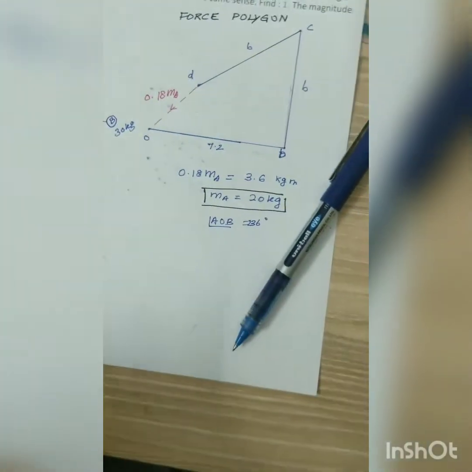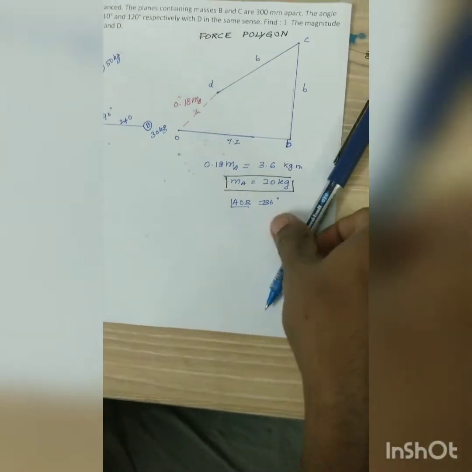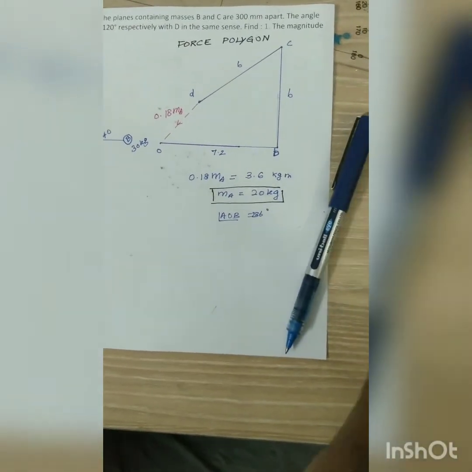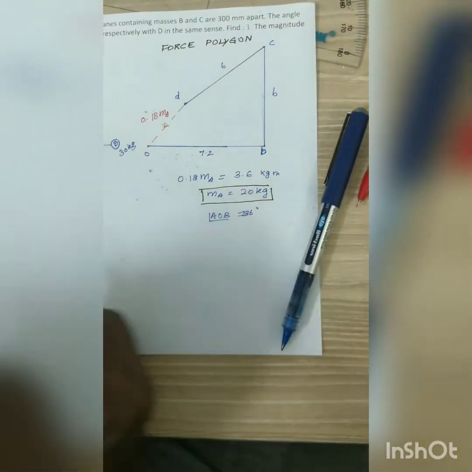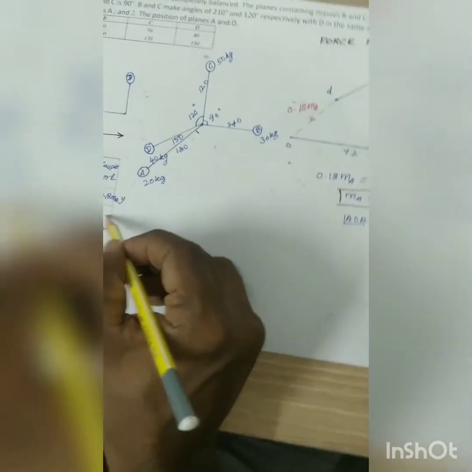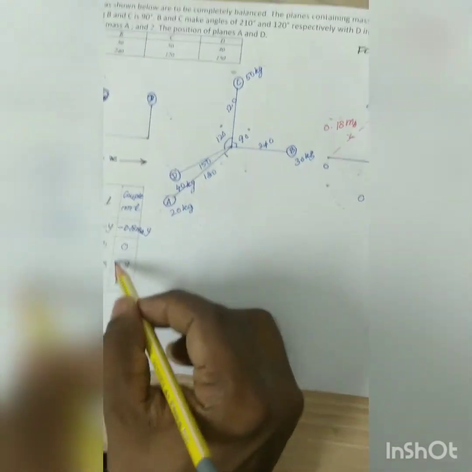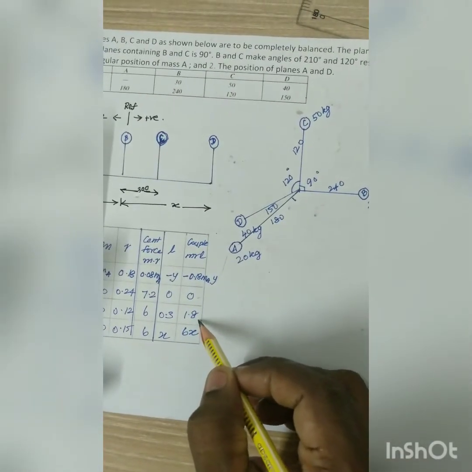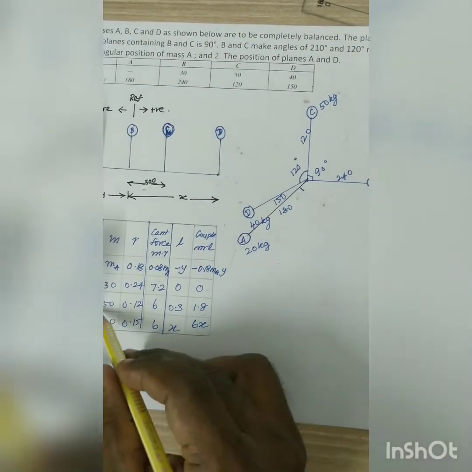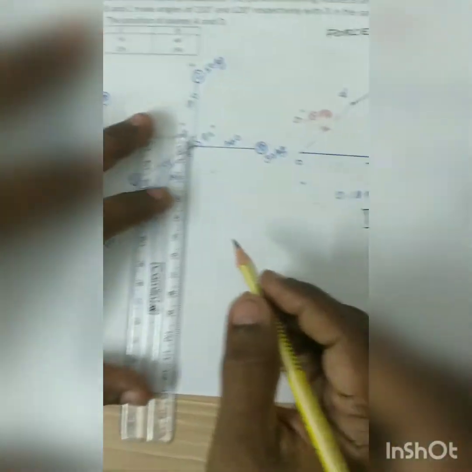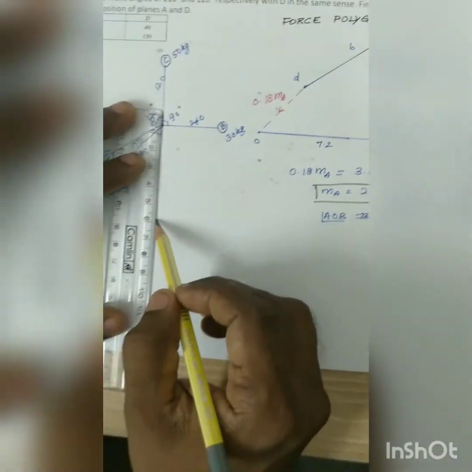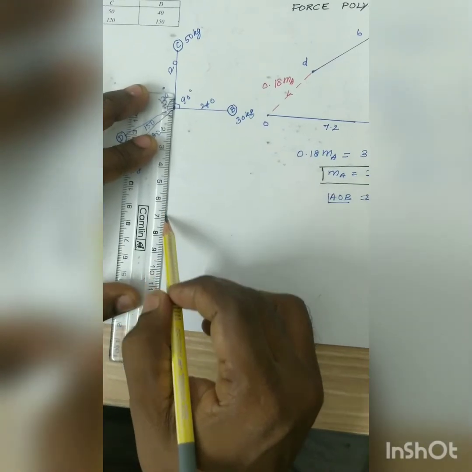Now we can draw the couple polygon. For drawing the couple polygon, we know the known things. The known thing is 1.8. So we start with this for C. For C it is 1.8. So this line should come straight to this like this.